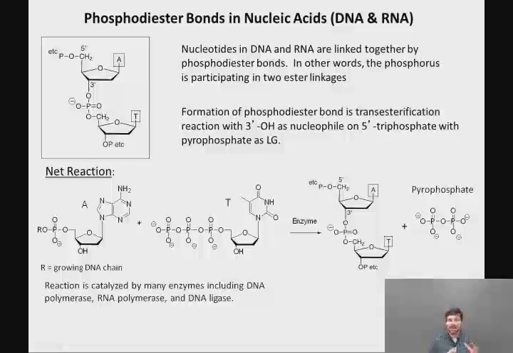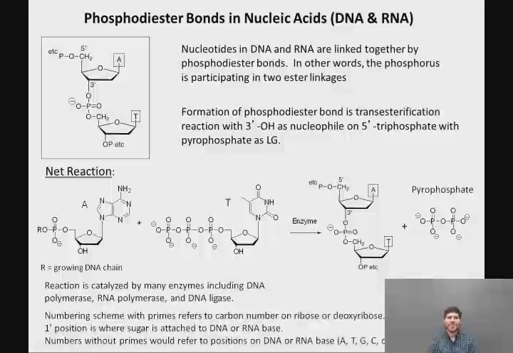If you're trying to synthesize RNA from a DNA template, it can be made with RNA polymerase. Or for ligating together DNA fragments, whether it's in DNA replication or DNA repair, this reaction can be catalyzed by DNA ligase.